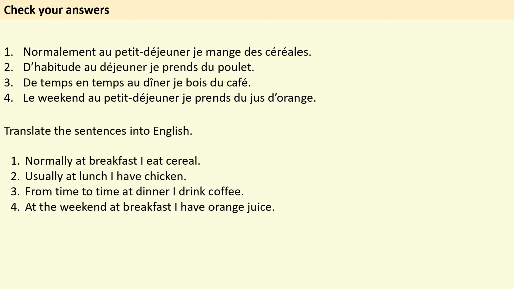So if you do have a look at the last one, because we've used I have, you can use je prends to say I have food or drink items. So the prendre you can use with the drinks as well as with the food. That's perfectly acceptable in French. Okay, pause to check that now. Press play when you want to go into the next activity.